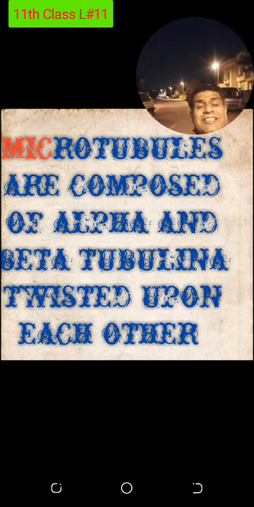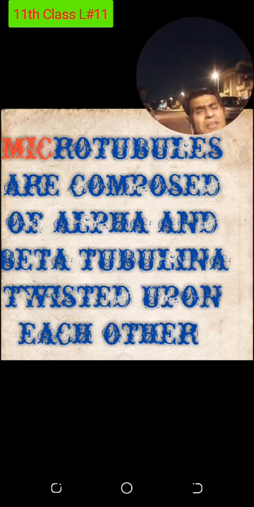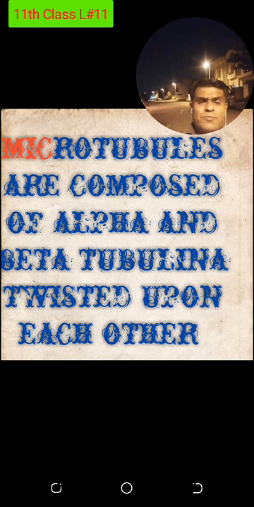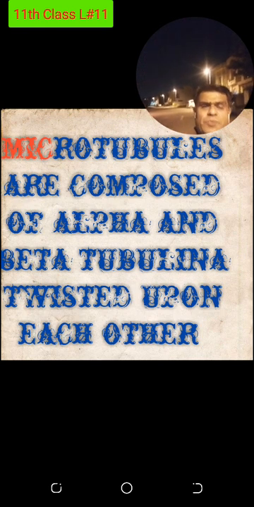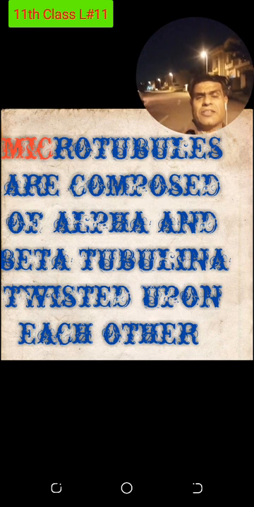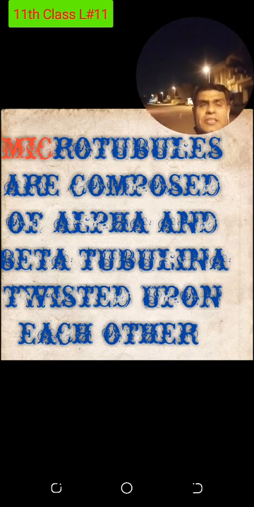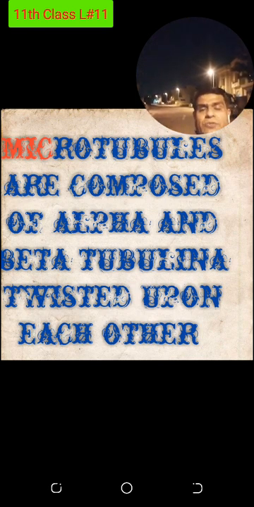Is this microtubule of the same type? One type of microtubule, alpha beta tubulin, the same type of microtubules which are present in spindle fiber, in cilia, and in flagella. So that is the part of the cytoskeleton that is giving strength to the cell, doing other functions as well. So two types of tubulin are present in microtubule.